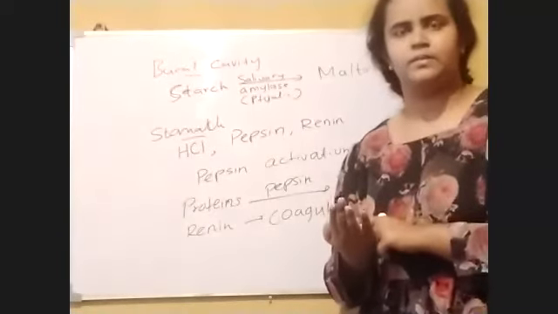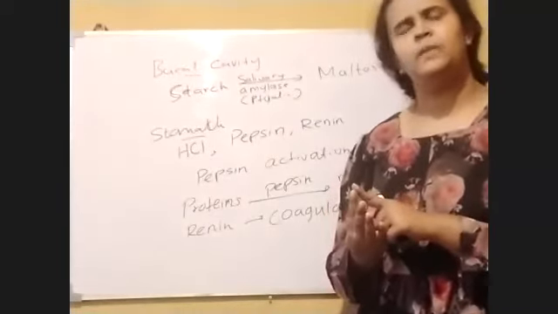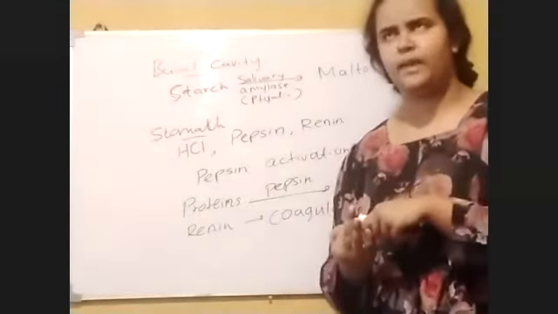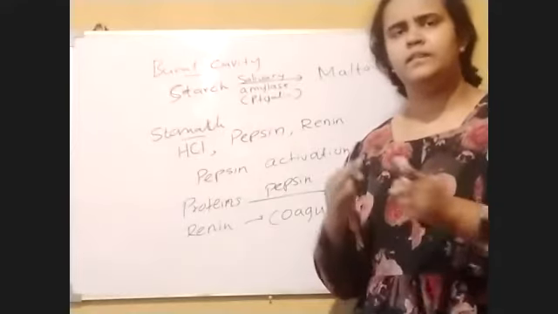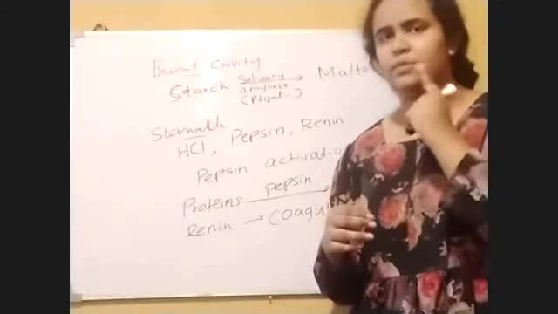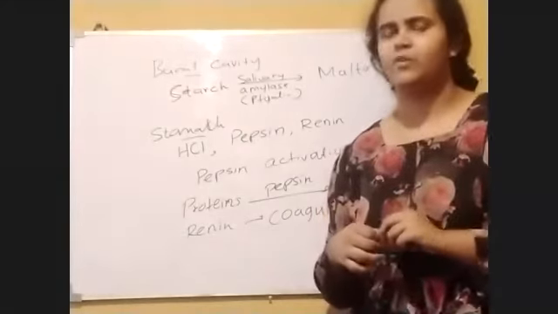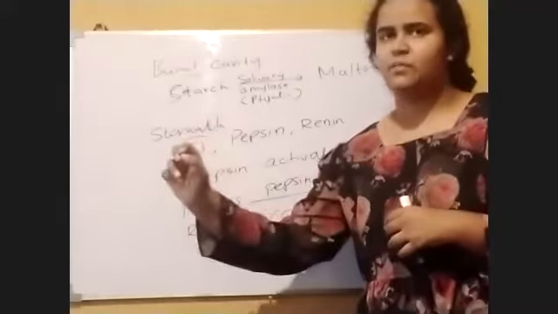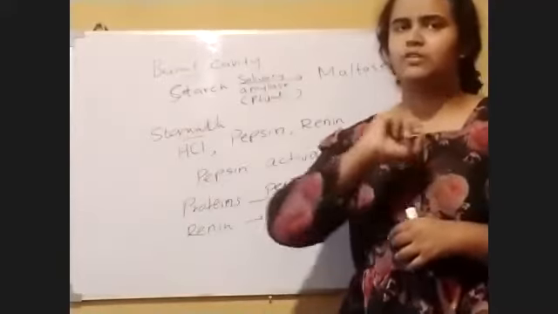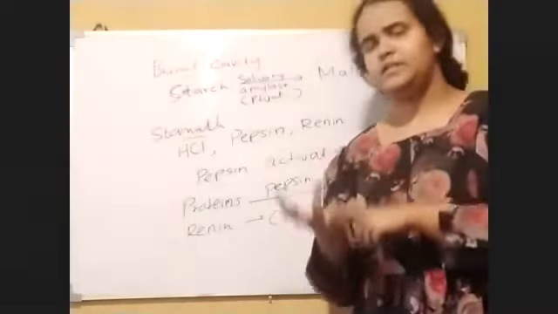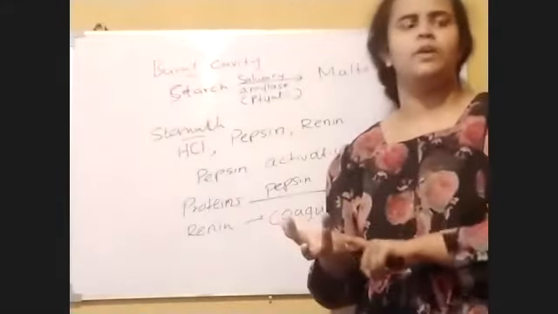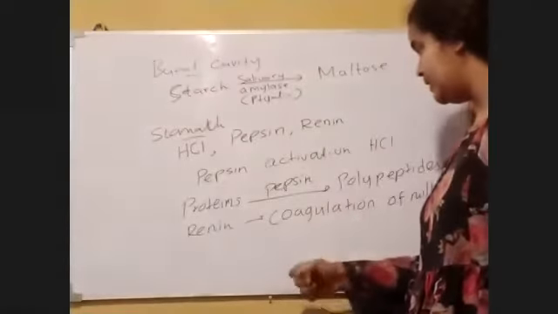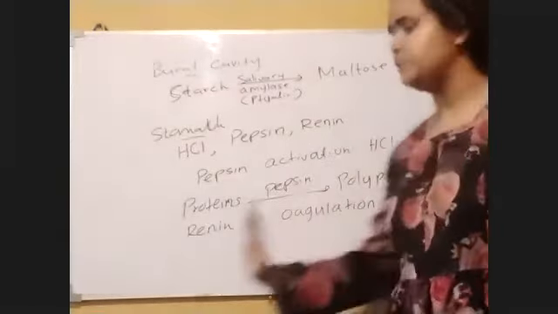Partially digested proteins. What about carbohydrates? No carbohydrate digestion takes place in the stomach, but in the buccal cavity a small digestion of carbohydrates happens, with the aid of salivary amylase breaking starch into maltose. So some digested carbohydrates and some undigested carbohydrates are transferred from the stomach into the small intestine.